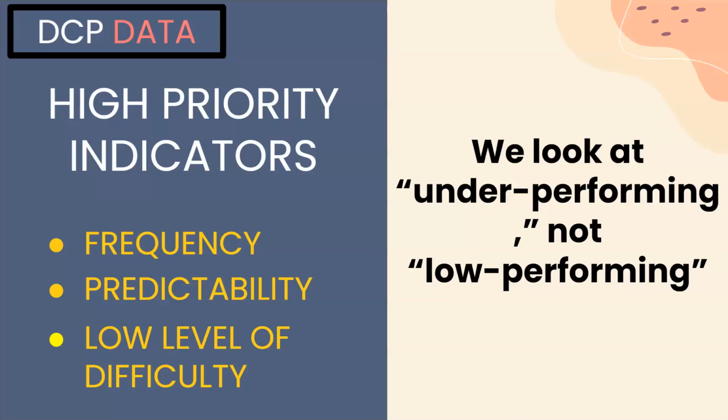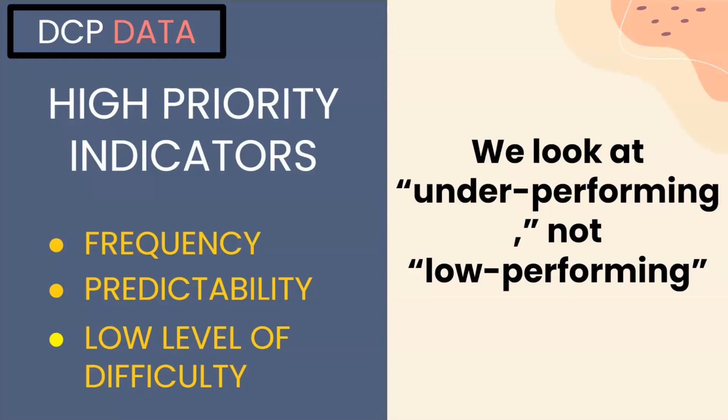That means it has a high level of difficulty, and it would take me weeks and weeks and weeks and probably months and months before most of my students master that TEK. So I'm not going to go after that TEK because it's not tested frequently. It doesn't have a high predictability, or maybe it does, but it has a high level of difficulty, so I'm not going to go after it.